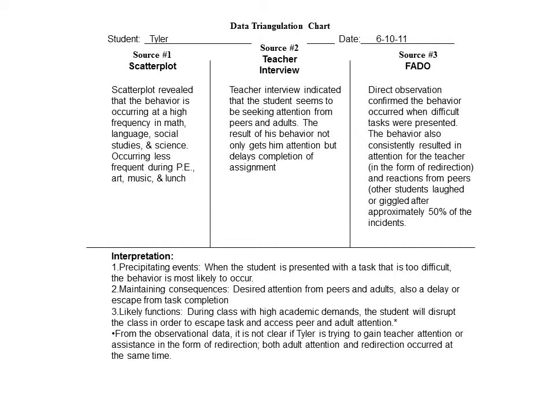So what's the likely function? During classes with high academic demands, the student will disrupt the class in order to escape the task or access peer or adult attention. And one thing that we are not really sure of, from the observational data, the teacher would redirect him and give him assistance at the same time she was giving him some attention.